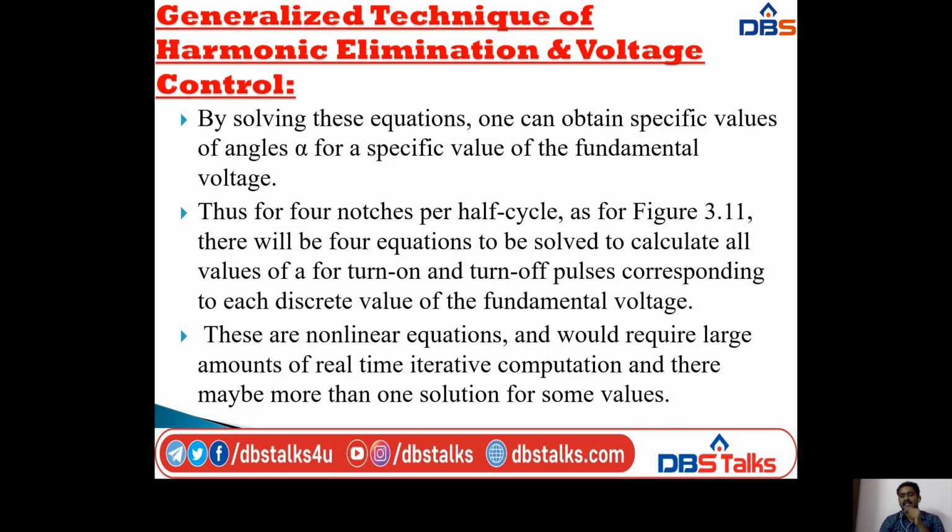So we need 4 equations to solve for the 4 notches. These are non-linear equations and would require large amounts of real-time iterative computation, and there may be more than one solution for some values.